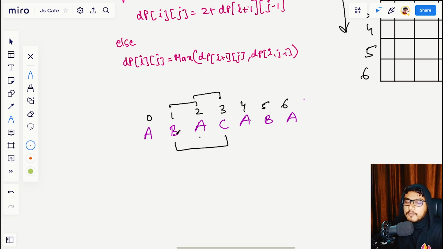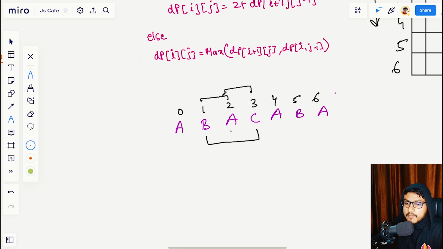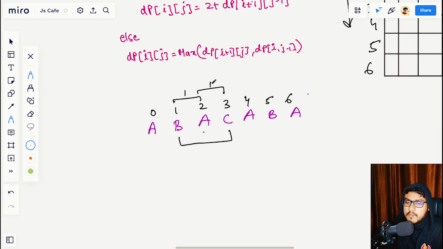And we have to compute the maximum LPS achieved in this range, or the maximum LPS achieved in this range. We have computed that for B and A the maximum subsequence is 1, and for A and C the maximum LPS achieved was again 1, because none of them are matching. So in this case our answer would be the maximum of this or this, and both evaluate to 1. So the maximum of 1 and 1 would be 1.